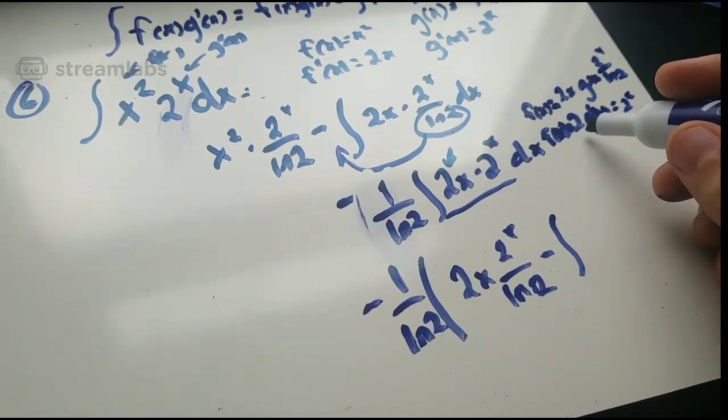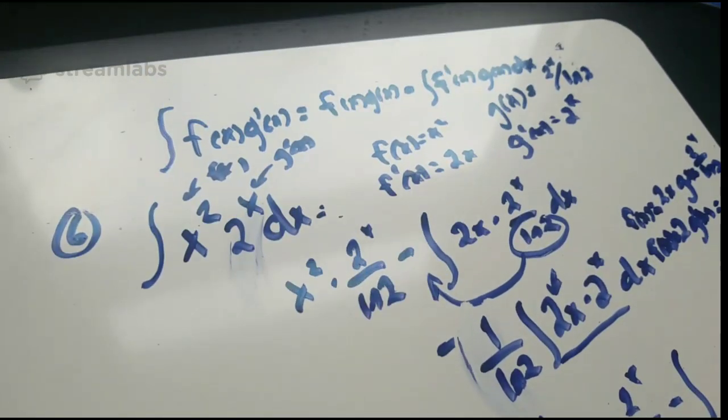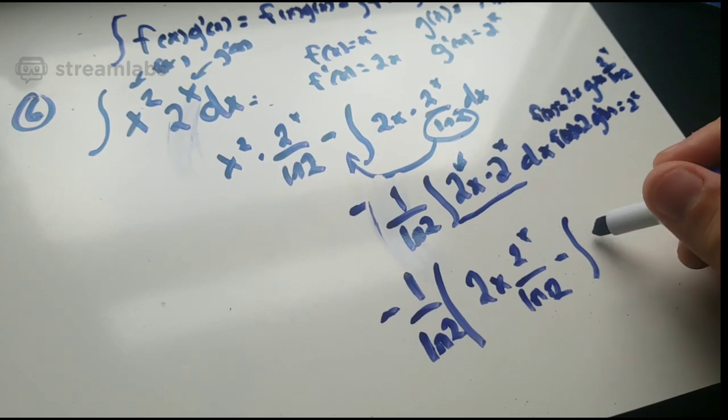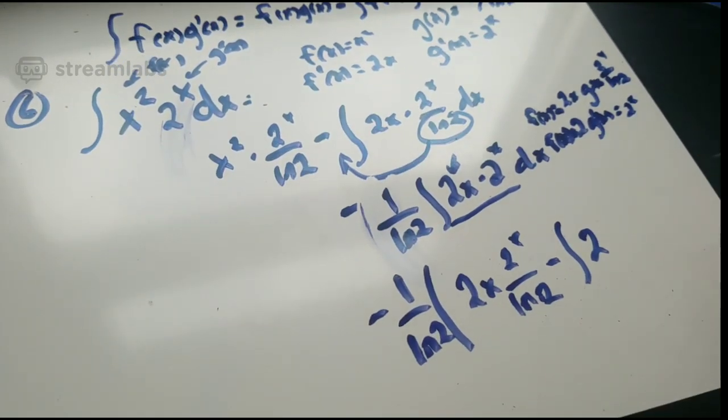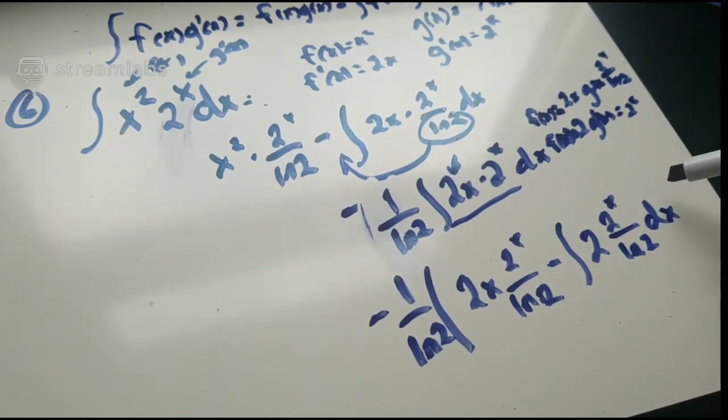Now the integral is going to be f prime of x, I should say. So that's 2, g of x, which is 2 to the x power over ln 2 dx. Close parenthesis.